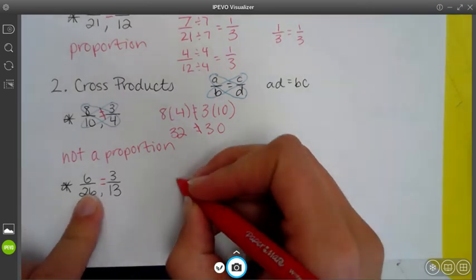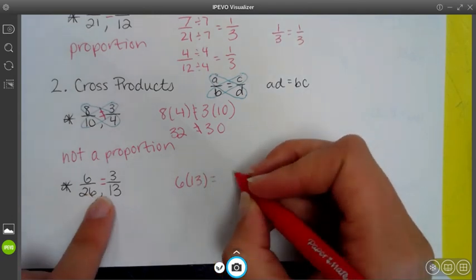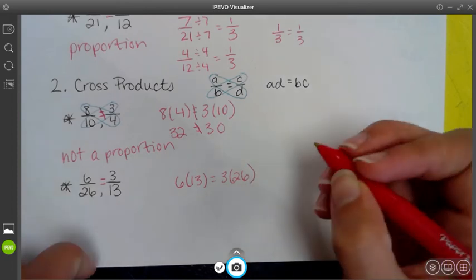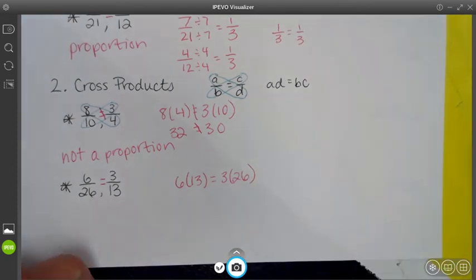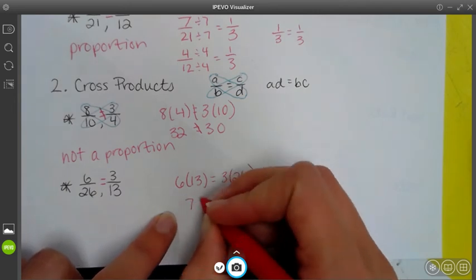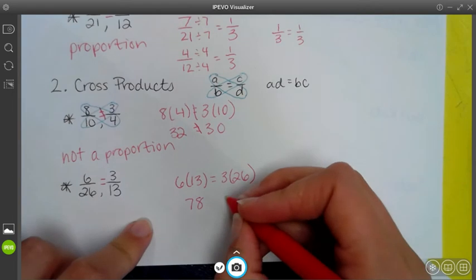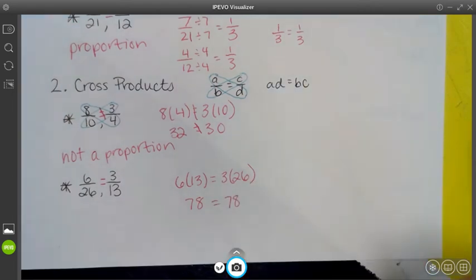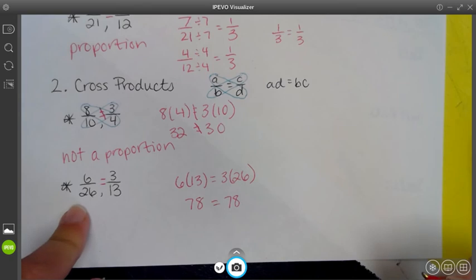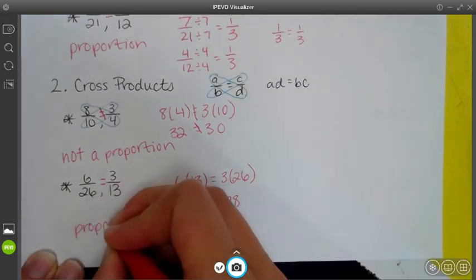I'm going to do 6 times 13 and see if that equals 3 times 26. 6 times 13, if I put that in my calculator, is 78. 3 times 26 is also 78, and those are equal. So those ratios are equal to each other. It is a proportion.